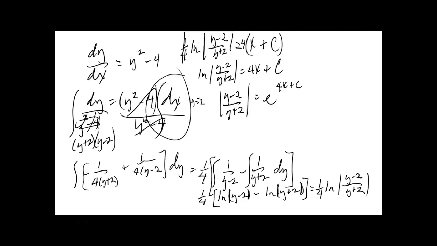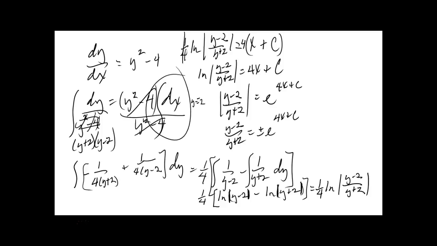And that's what they do in the next step: (y minus 2) over (y plus 2) is equal to plus or minus e to the 4x plus c. Okay? A one-parameter solution, and obviously, again, y can't be negative 2. We already knew that. Okay up there, but not anywhere else.